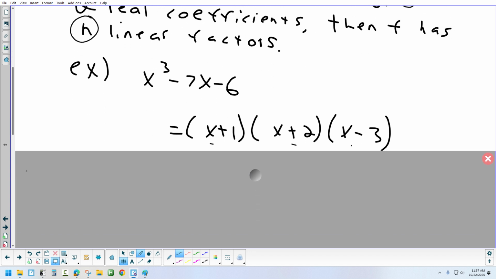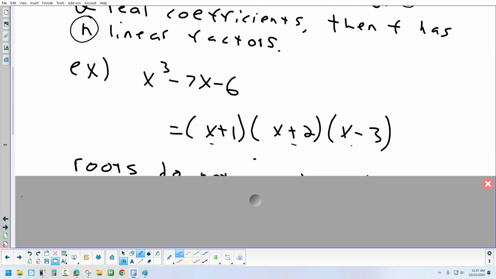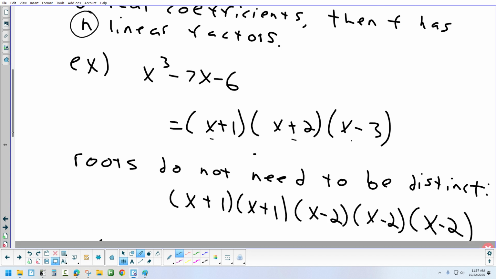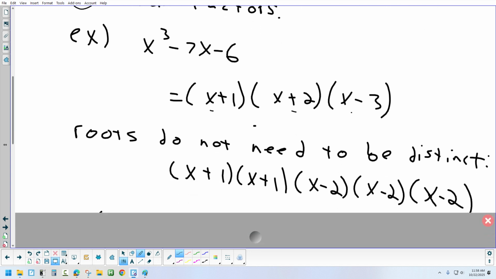Okay. What about if you had a 5th degree polynomial? How many factors would that have if you wrote them all out? Yeah? 5. It would have 5, but I'm not saying they can't repeat. They definitely could repeat. And that's a 5th degree polynomial if you multiplied it all out.